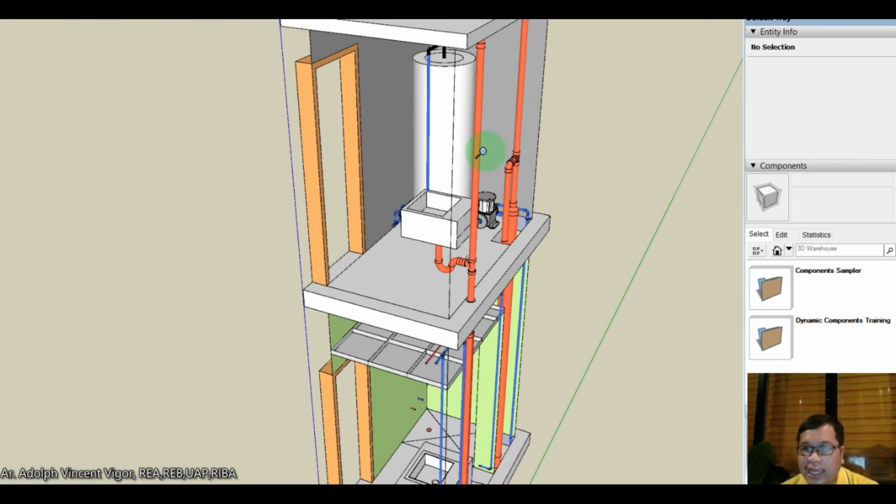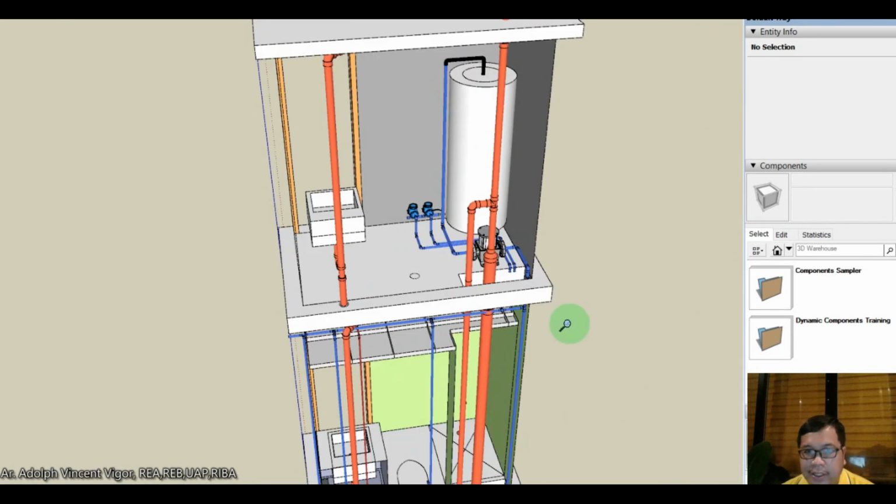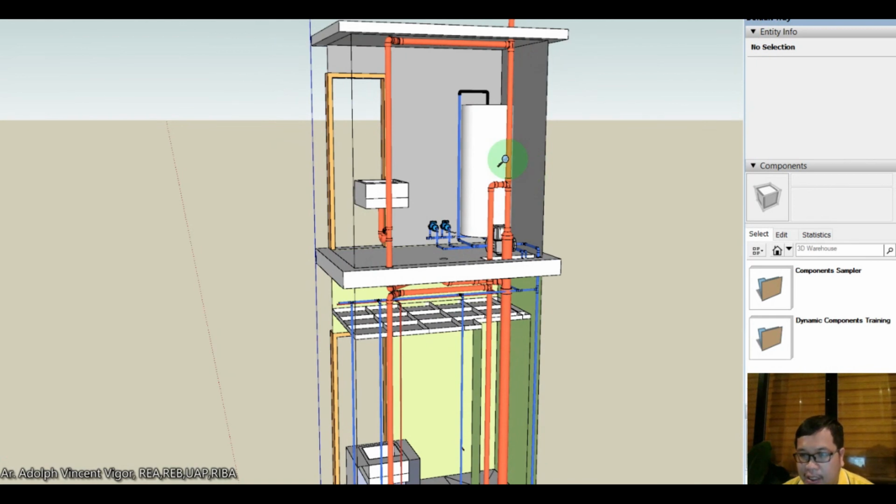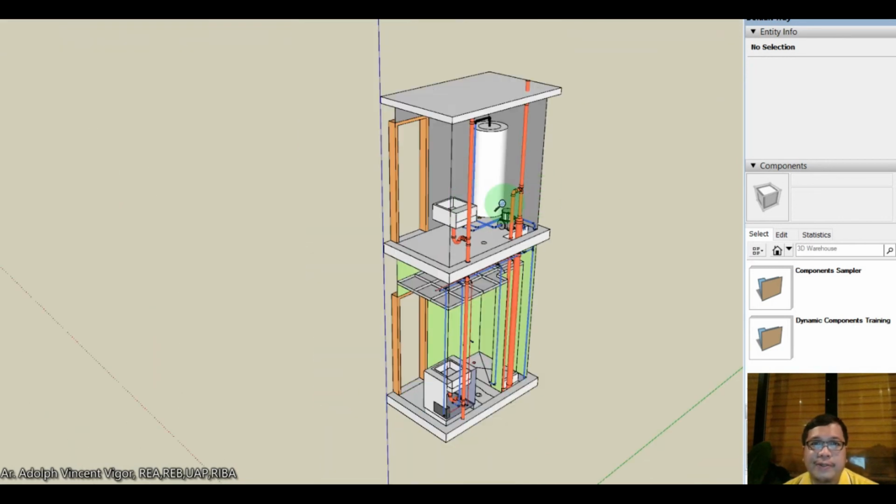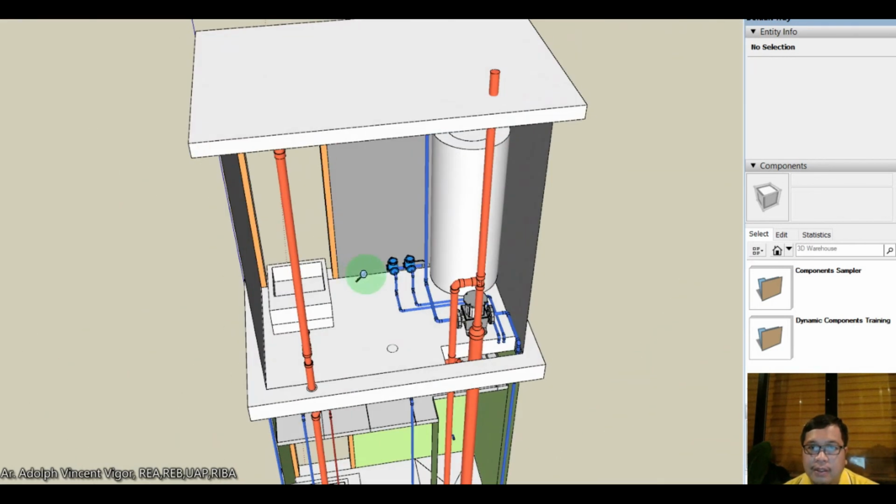So if you have time, class, I suggest that you start learning SketchUp because it's a really great software. It could really help you understand the spaces of a building in 3 dimensions when you start learning the software. Okay.